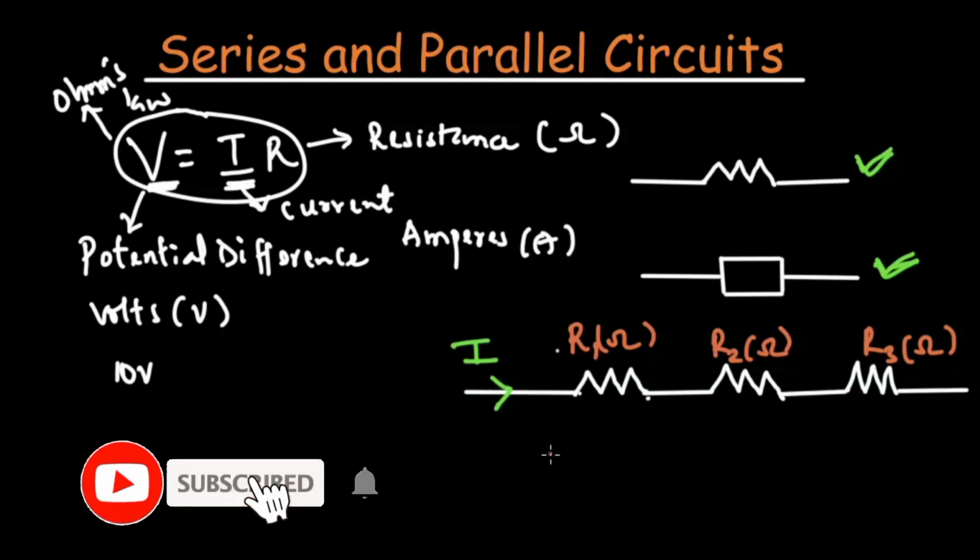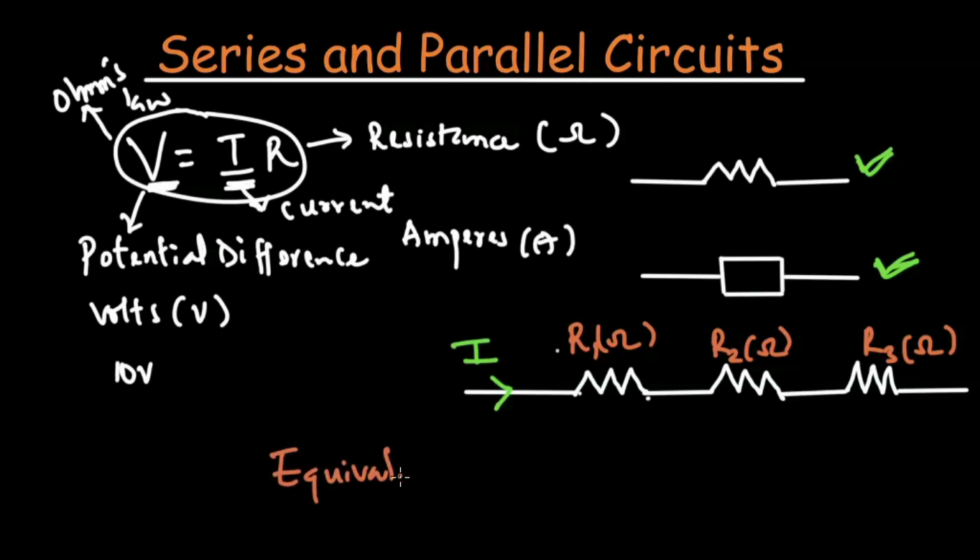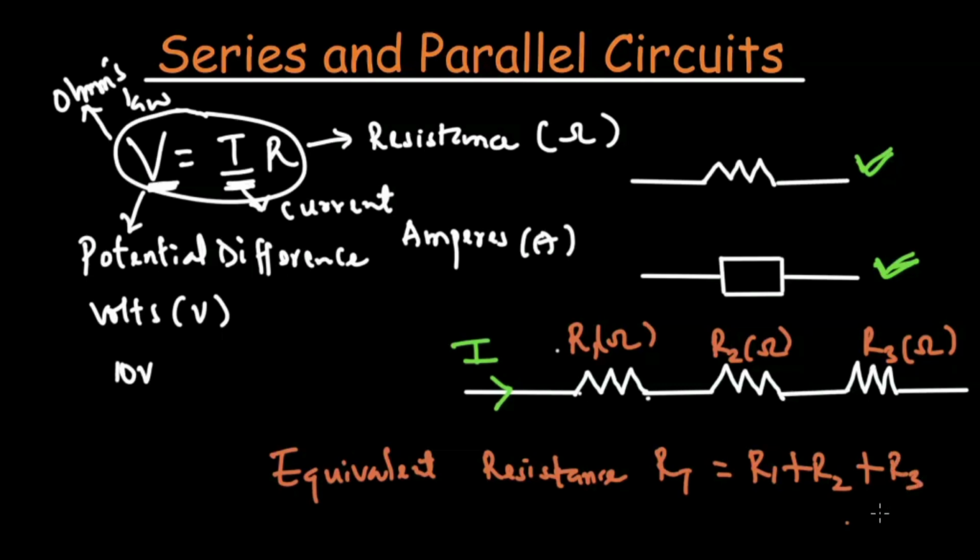And now, in order for me to calculate my equivalent resistance, which is called R total, that will be the sum of R1 plus R2 plus R3. So take note of this formula as well.